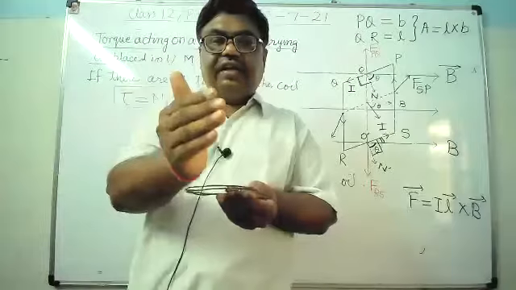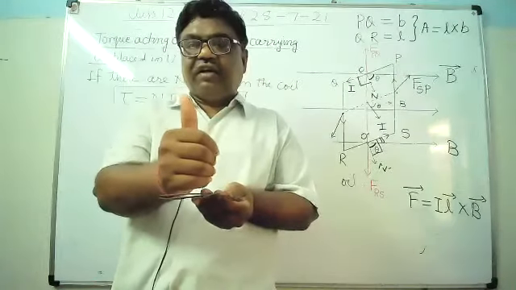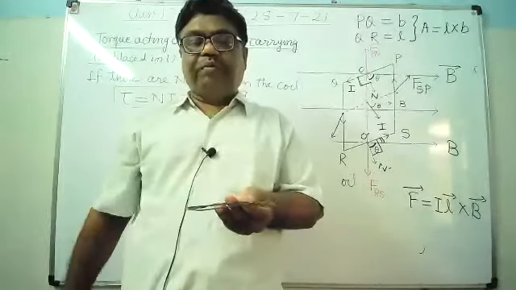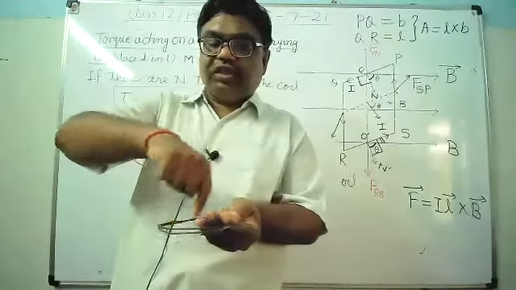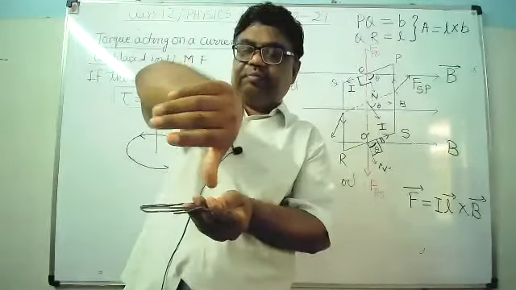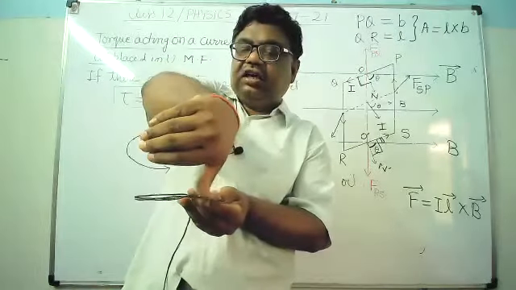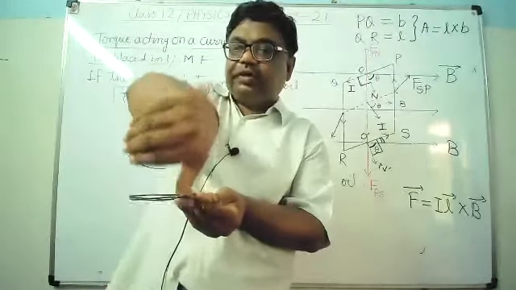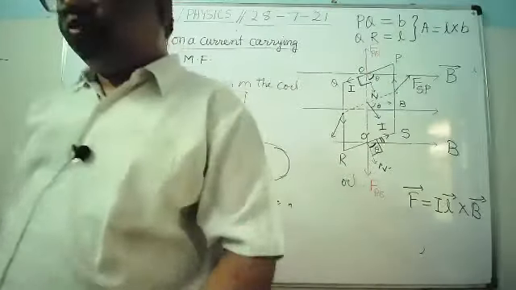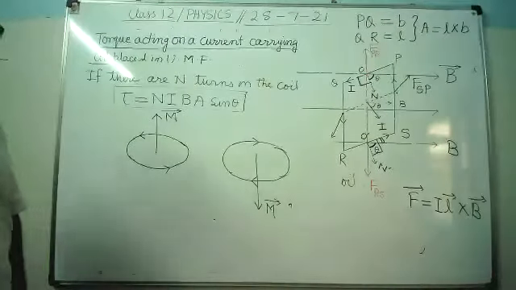Curl the fingers of the right hand in the direction of current, then the thumb will point in the direction of magnetic moment. Suppose current is flowing in this way, you will curl this way. The curling of fingers is clockwise, and the thumb is pointing downward, which means magnetic moment is directed downward.